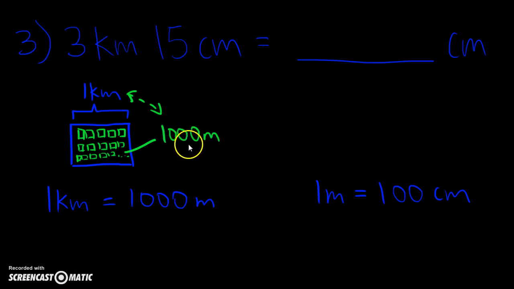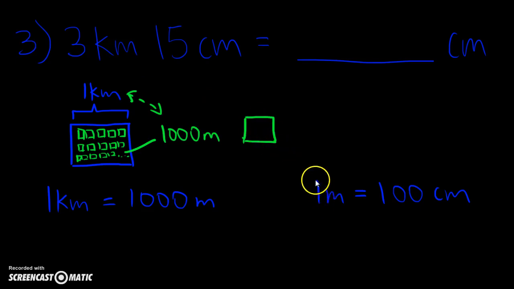Now that I have 1000 meters, I have 1000 of these small green packets you see here. These are the meter packets, and I have 1000 of them. Understand this: let me change color.